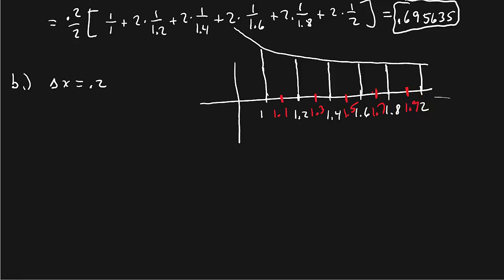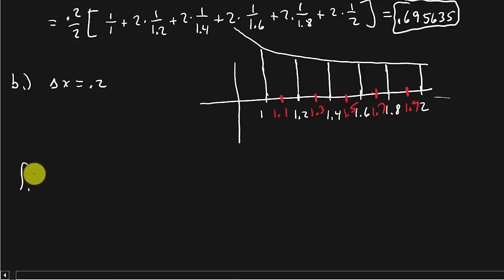And so now we just apply the midpoint rule. So we've got the integral from 1 to 2 of 1 over x dx is approximately M5, which is just the midpoint rule with n equal 5. So what's the formula there?